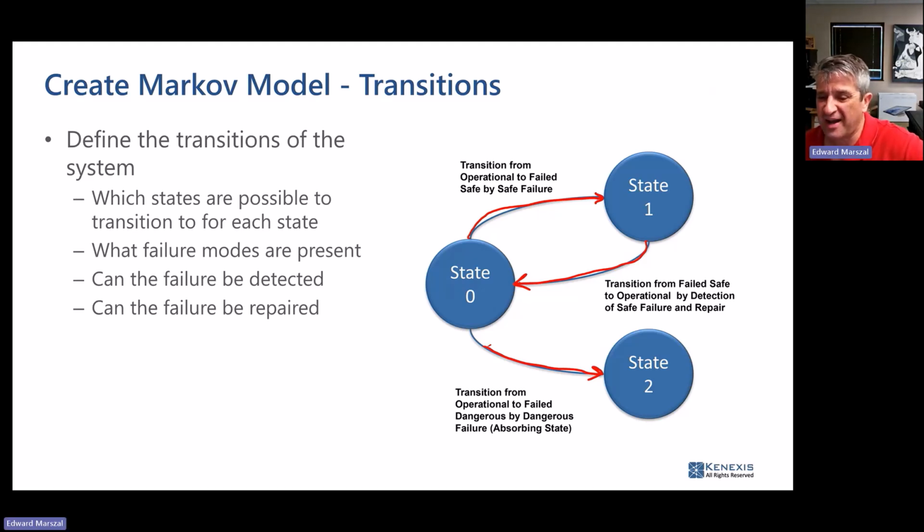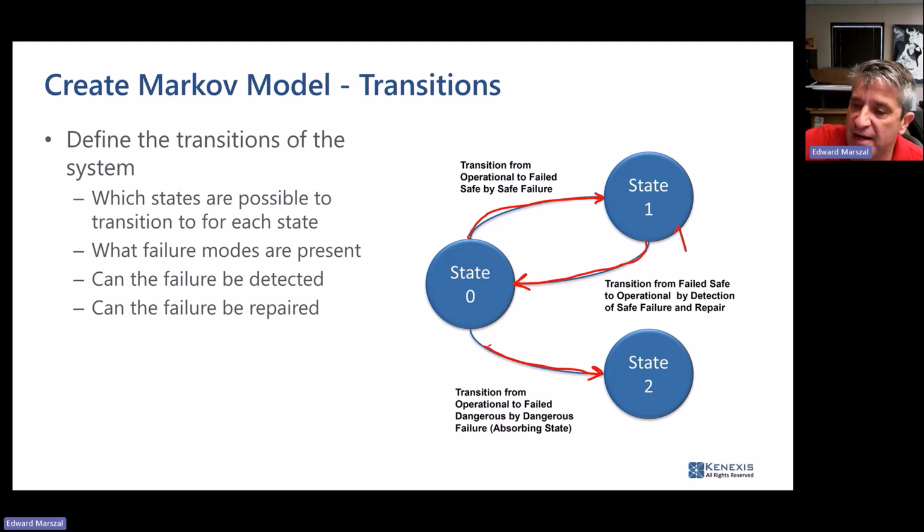Well, most SIS engineers will model it such that you can't. But in reality, yeah, you probably can. If you look at an electromechanical relay, if the contacts weld, that's a dangerous failure, so you go from state 0 to state 2. But if then the wire that applies power to that solenoid valve disconnects, you've just gone from state 2 to state 1.